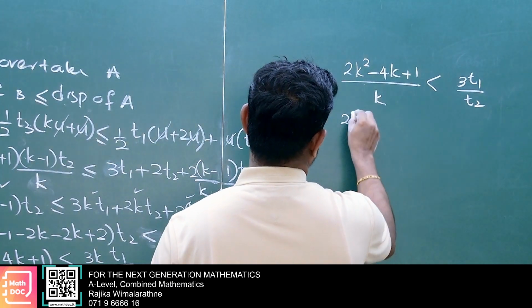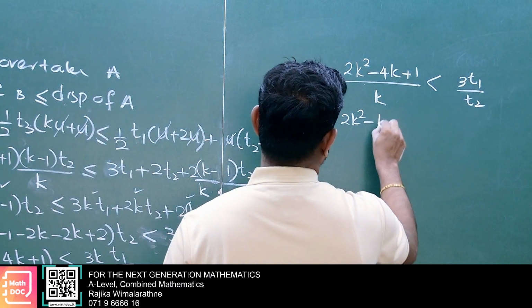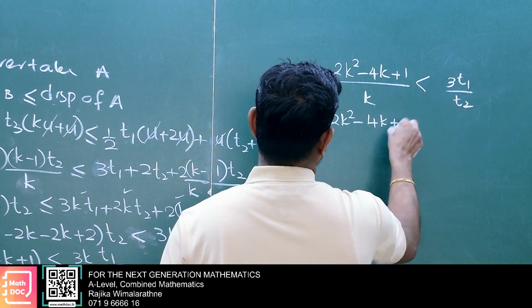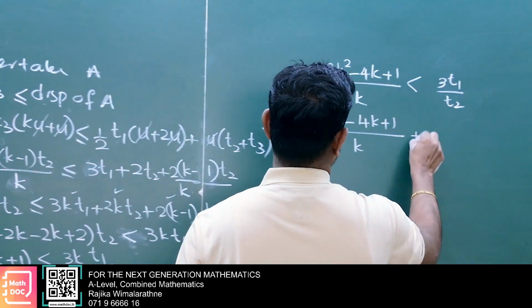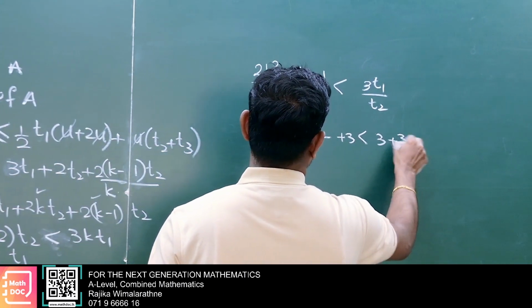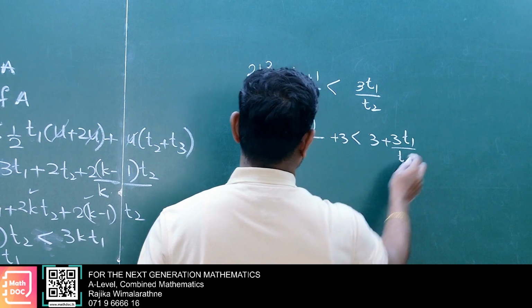Now add 3 to both sides. 2K square minus 4K plus 1 over K plus 3, 3 plus 3T1 over T2.